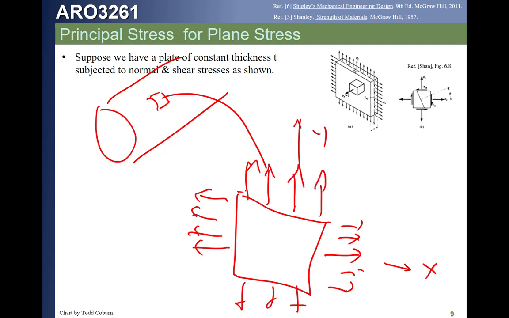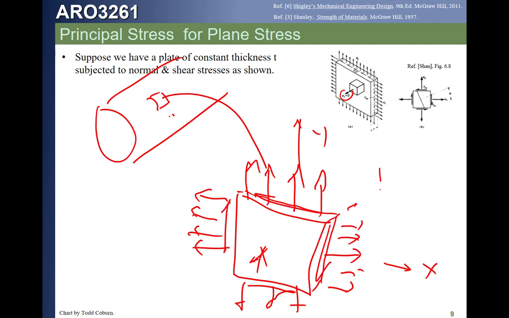Now we're going to pretend that this is a little plane stress element, which means there's actually no stress normal to the face, which is very common in thin-walled structures. Since there's nowhere for that load to go, we're going to say that that's unloaded. The stress is zero in that direction. We might also have shear stresses on that little element.